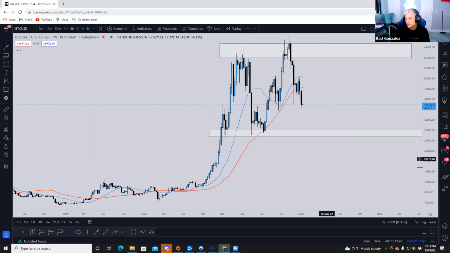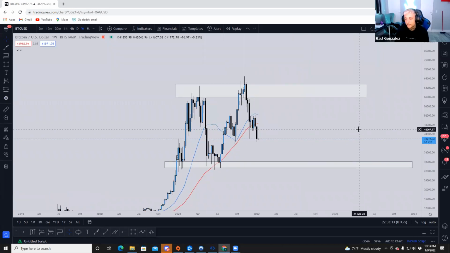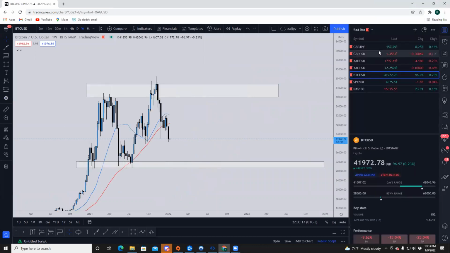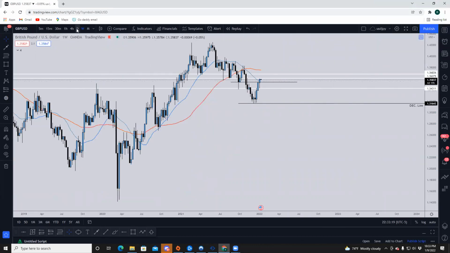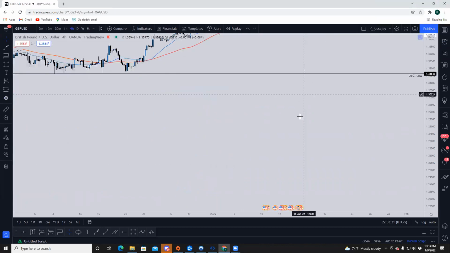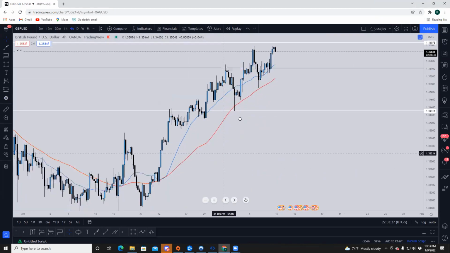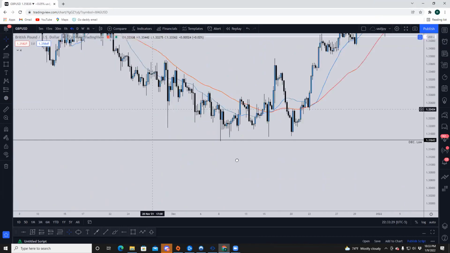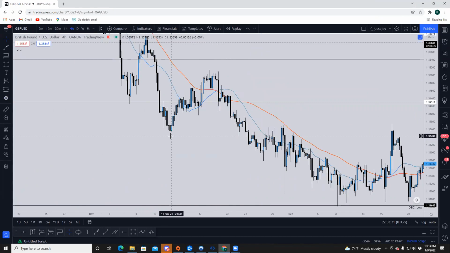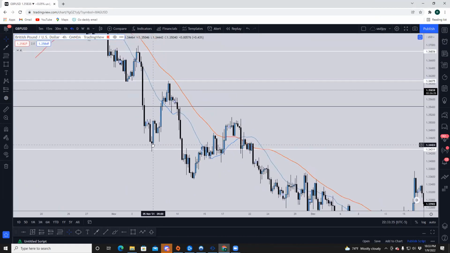Yeah. Bro, what's up? Can you go over GU real quick on the 4-hour time frame? You see November 5, this lower low that he made, November 5, lower low. Yeah, this one right there. Okay.